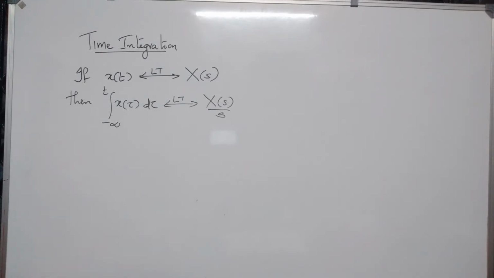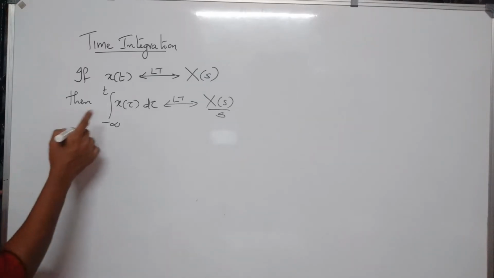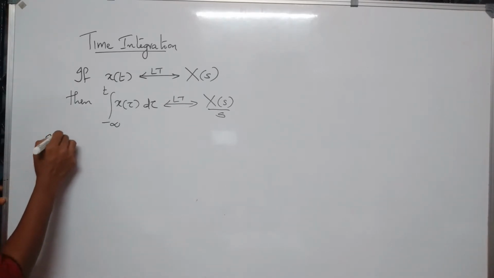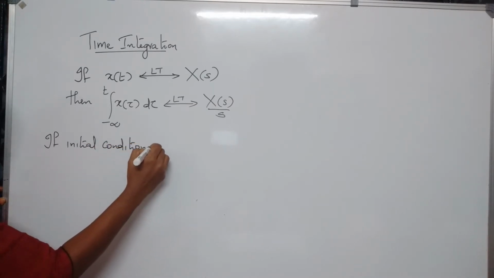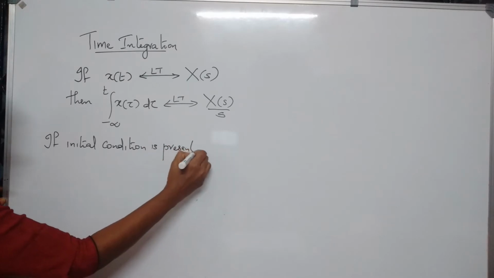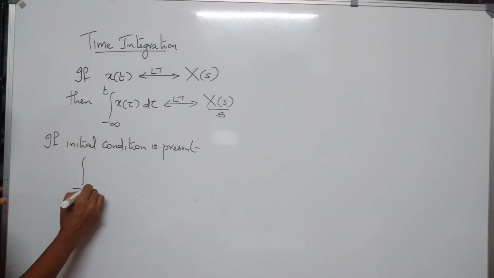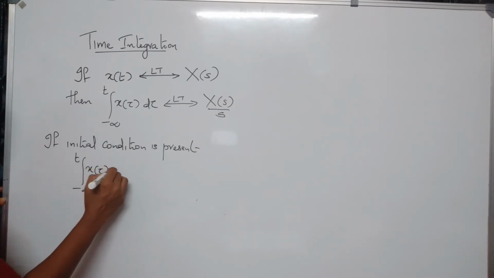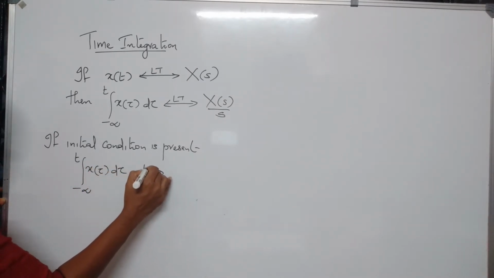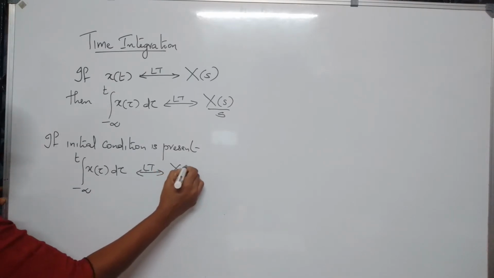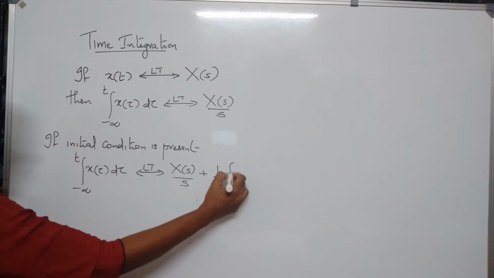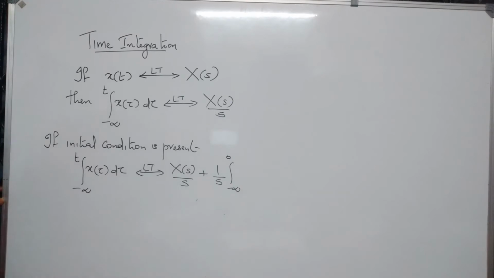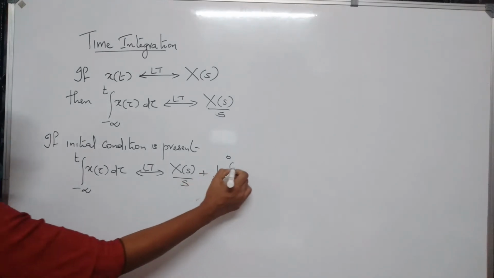Now, like we saw in time differentiation, if initial condition is present, then the time integration property will be slightly different. If initial condition is present, then Laplace transform of integral from minus infinity to t of x of tau d tau will be X of s by s plus 1 by s into integral from minus infinity to 0 of x of tau d tau.